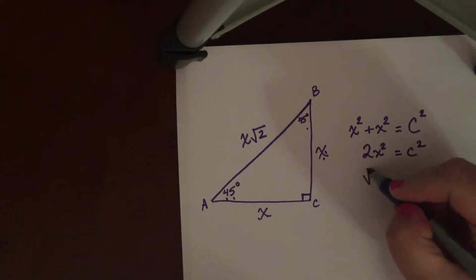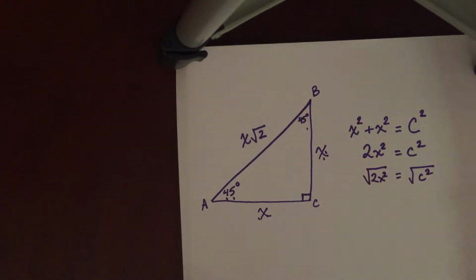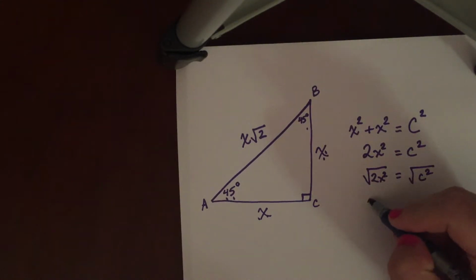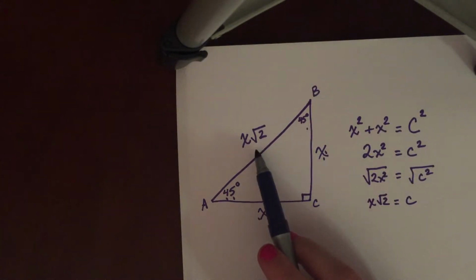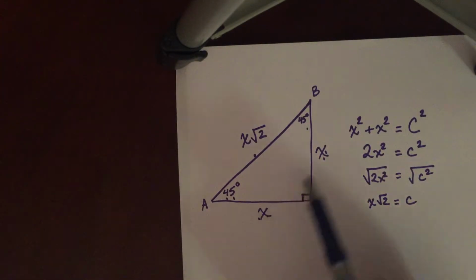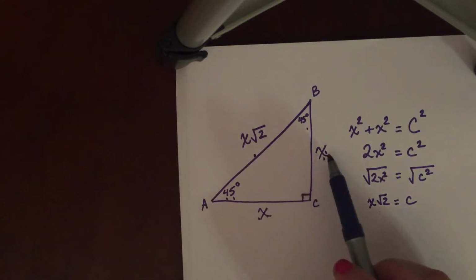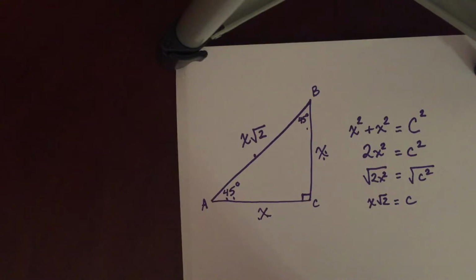I take the square root of both sides. And we end up with x radical 2 equals C. And that's how we get this hypotenuse. So whenever we have a triangle that's shaped like this, we're going to have two sides that are congruent. We call them both x, and the hypotenuse is going to be x radical 2.